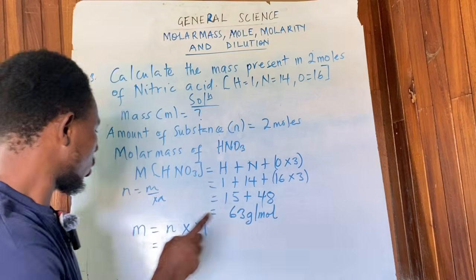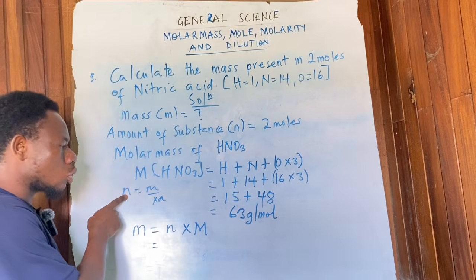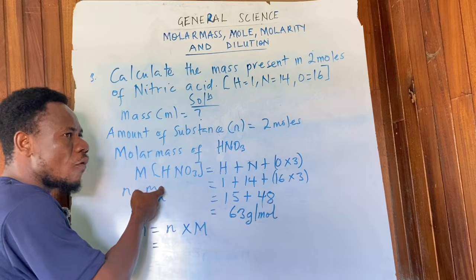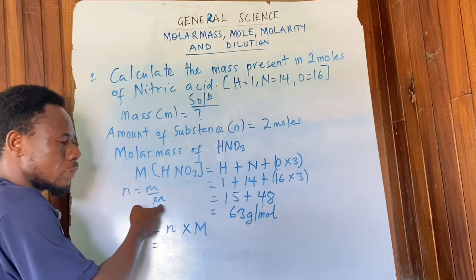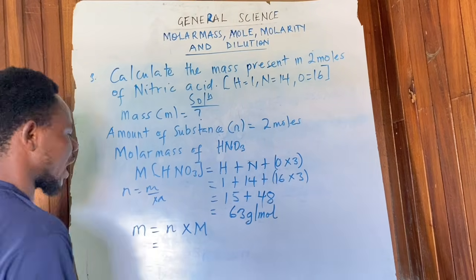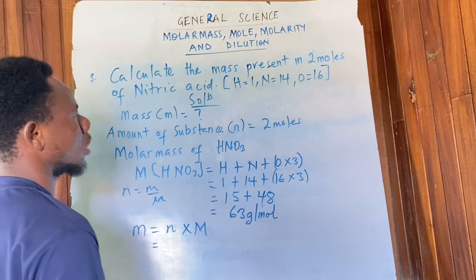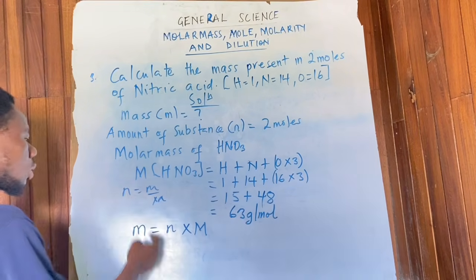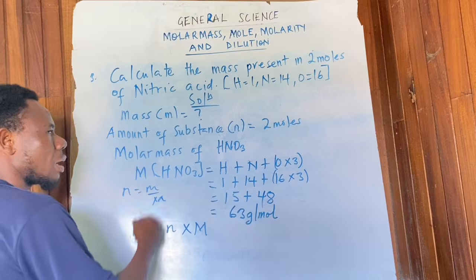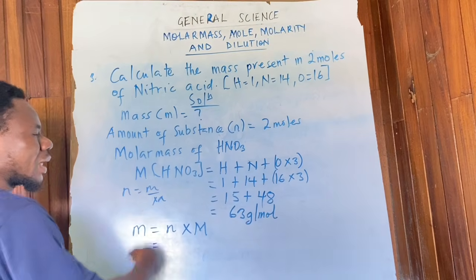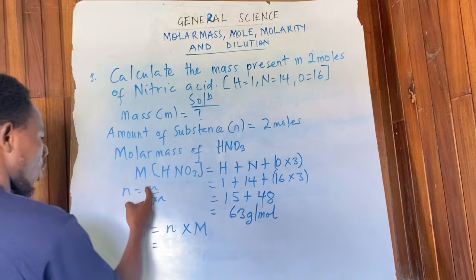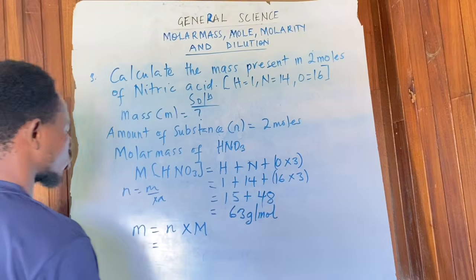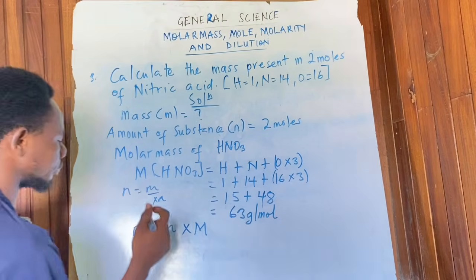So note, our small n is equal to small m over big M. I usually call them small madam and big madam. Small madam comes first and then big madam. So n is equal to small m over big M.